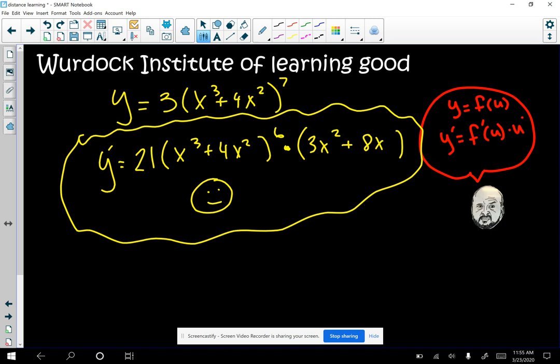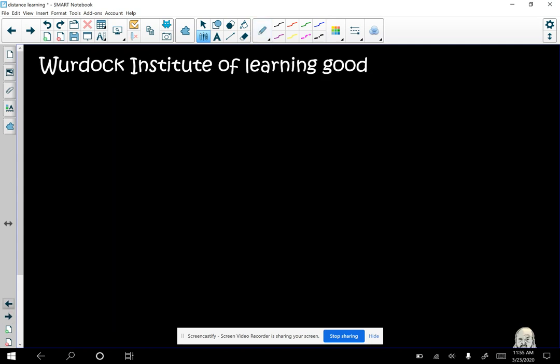Let's try another one. By the way, on worksheet 10, this will be problem number 1. y equals the quantity x cubed plus 3 to the power of 5.